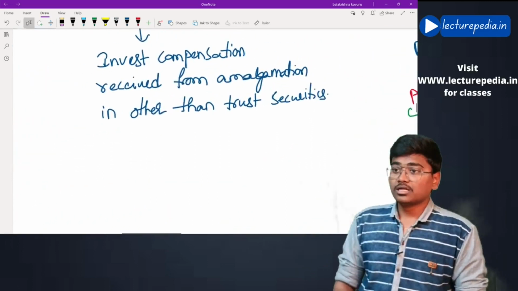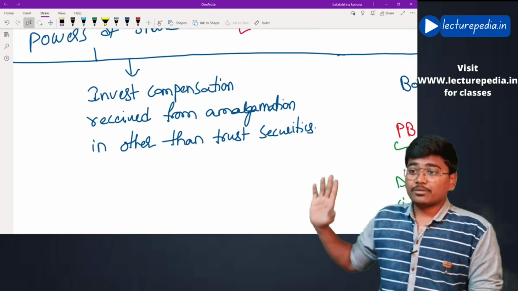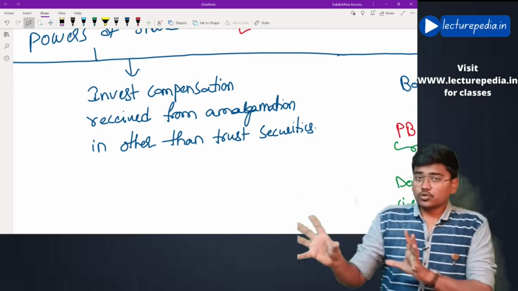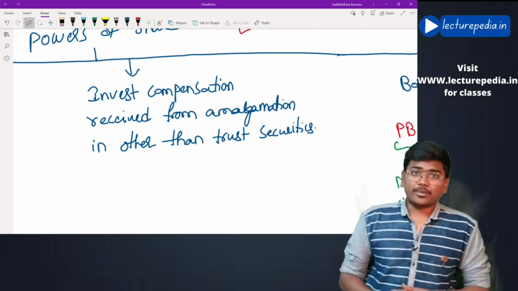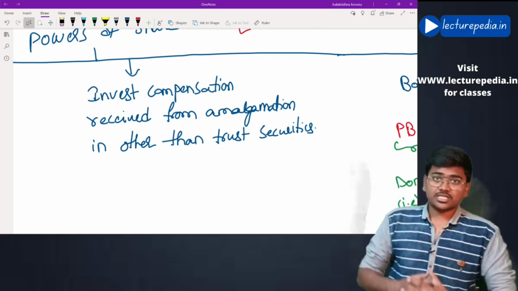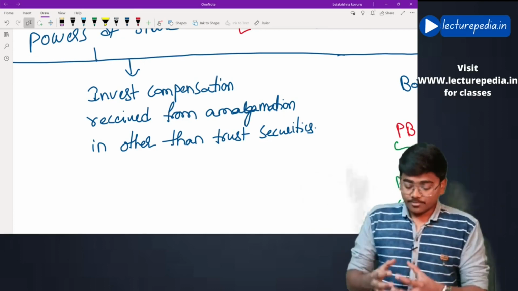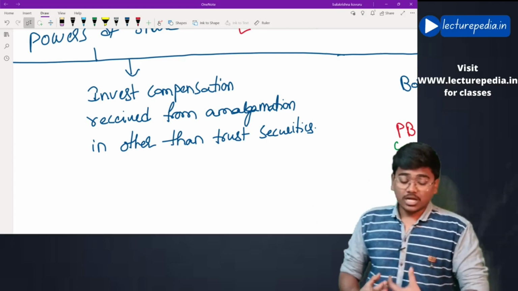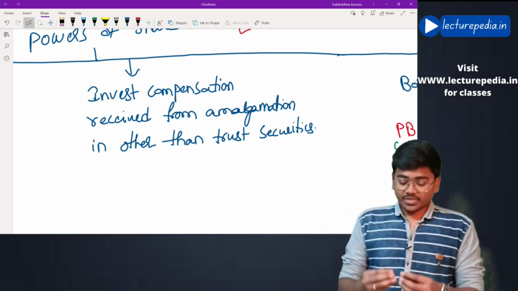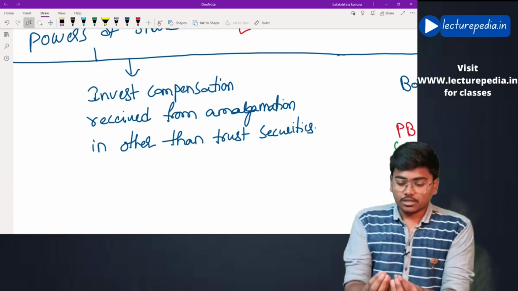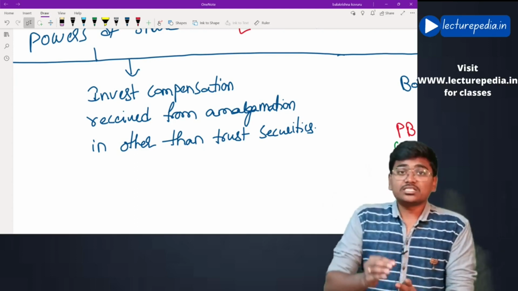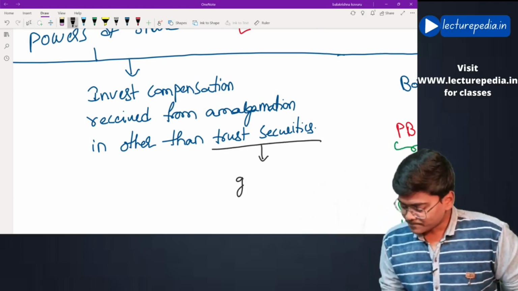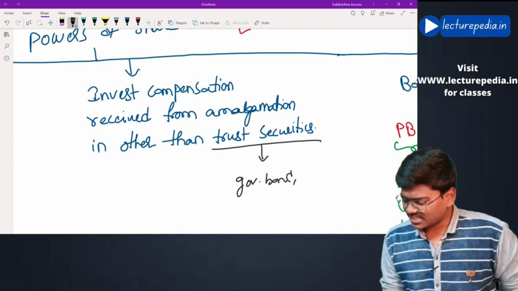Next, invest compensation received from amalgamation in other than trust securities. That means, let's say the company has entered into some amalgamation. When it enters into amalgamation, it will be receiving some compensation. Now, if the board of directors wants to invest this compensation in other than trust securities, that means securities which are risky, basically, trust securities means, for example, government bonds or treasury bonds.